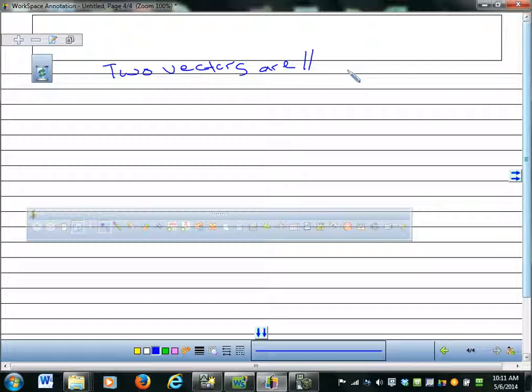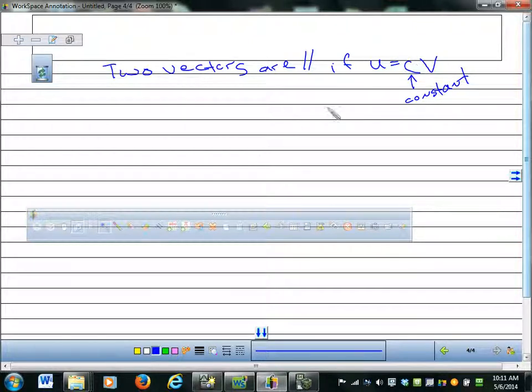Okay, if u is equal to CV, where C is a constant. I think it's kind of harder to tell in 3 dimensions.